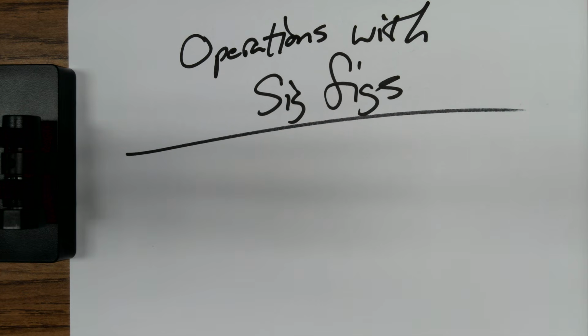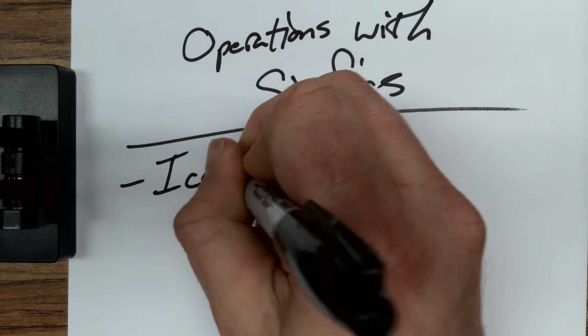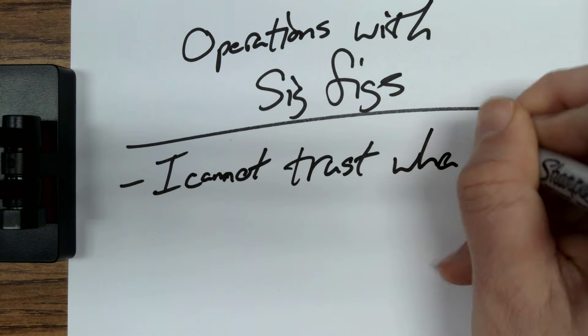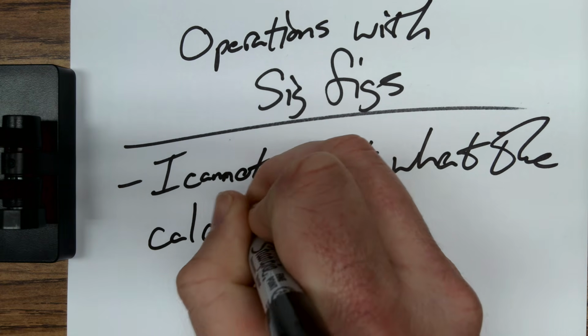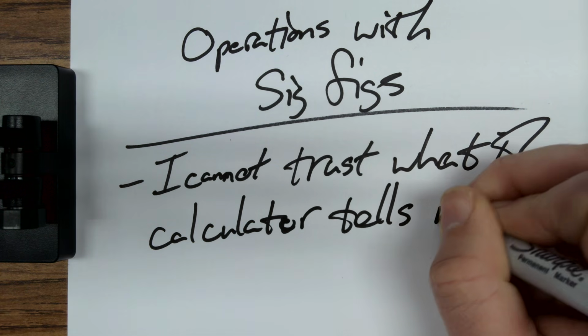Now, when I say doing operation with sig figs, what does that mean? That means I cannot trust what the calculator tells me.